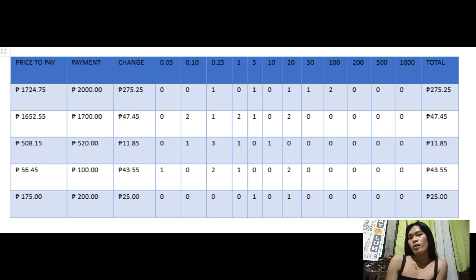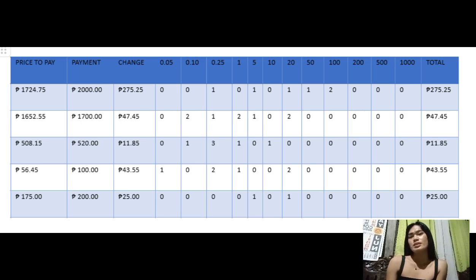Now let's move forward to transaction 2, which has 1,652.55 with 1,700 pesos. The change is 47.45.